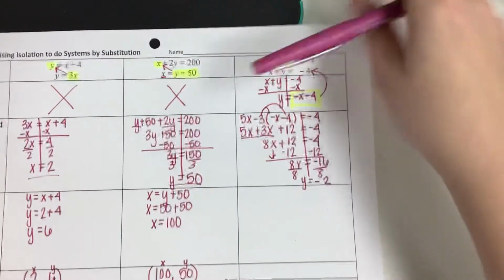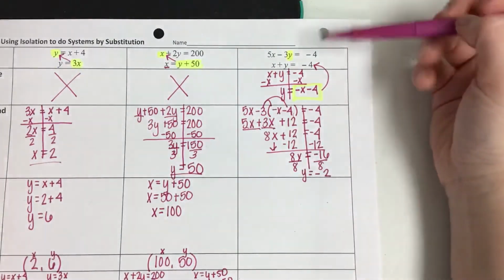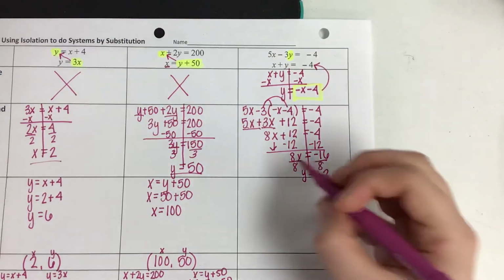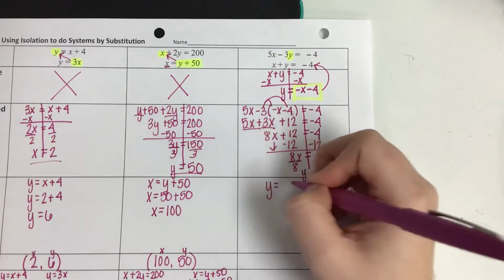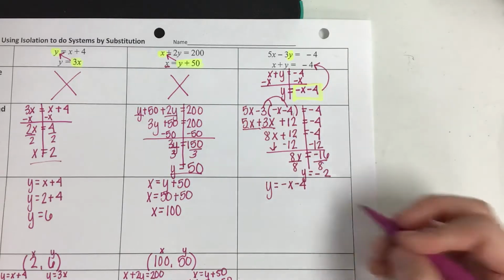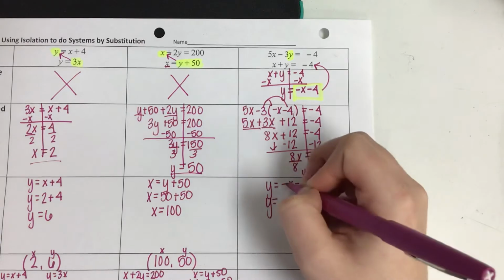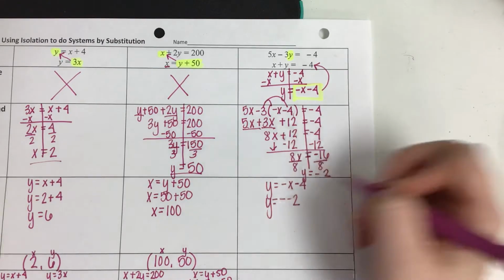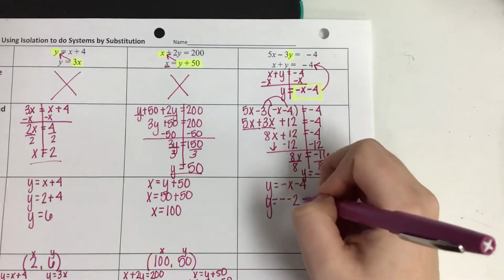Once we found y, we need to find our x. Again, you can pick any equation. I can pick the first one, the second one, or the second one that I changed. I'm going to pick the second one that I changed because it is going to be the least amount of work for me to find my y. So I'm going to have y equals, I have a negative for my equation, and then I have a negative for my 2, so be careful, we have a double negative here.